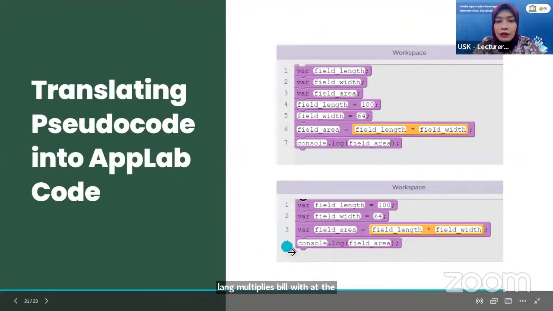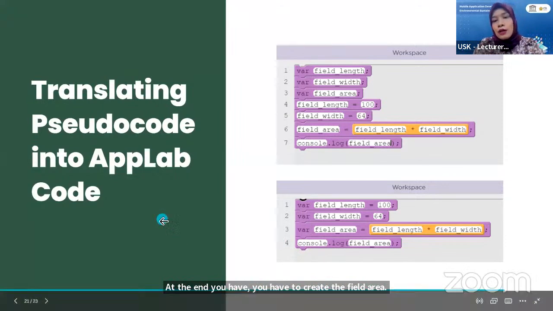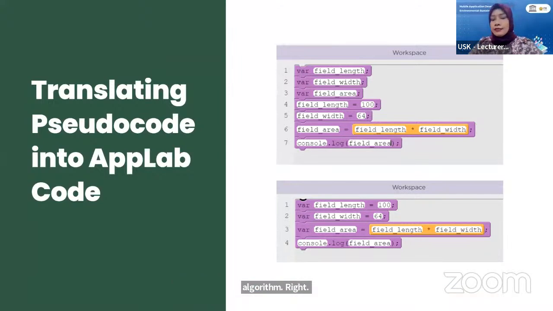At the end, you have to print the field area. So you can see the difference between those two algorithms, right? So that is the example of pseudocode that you translate into App Lab code.